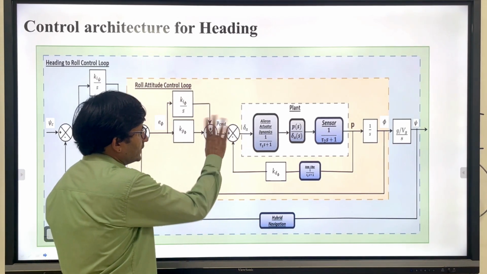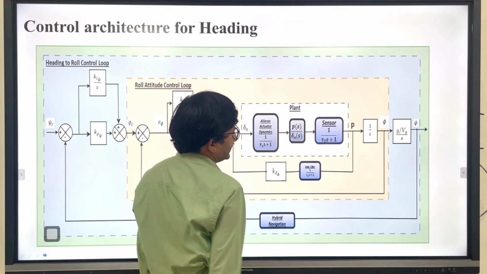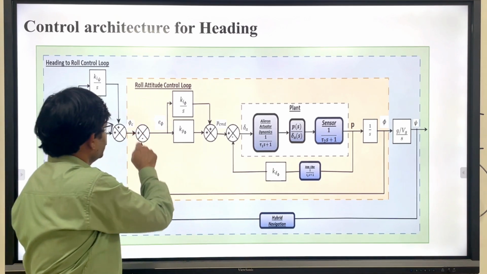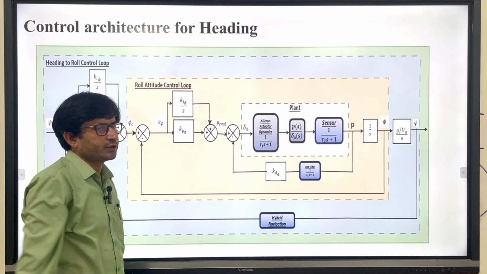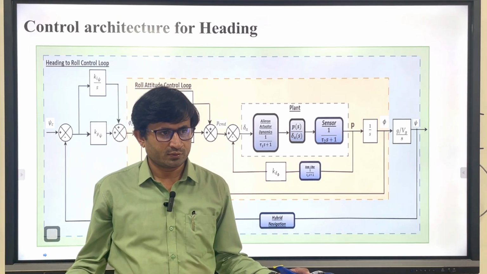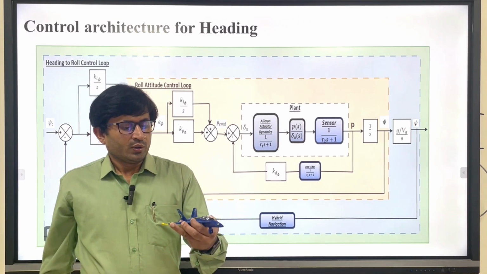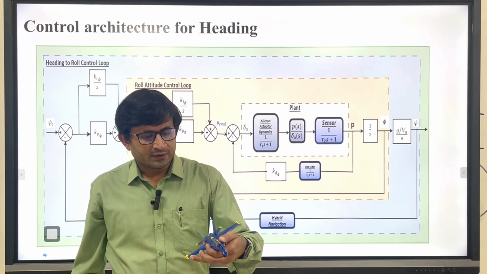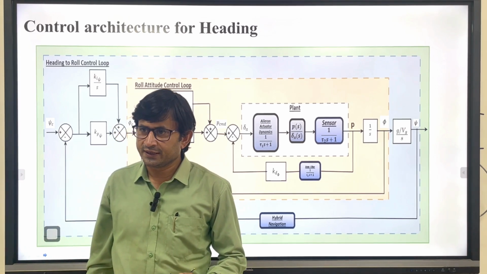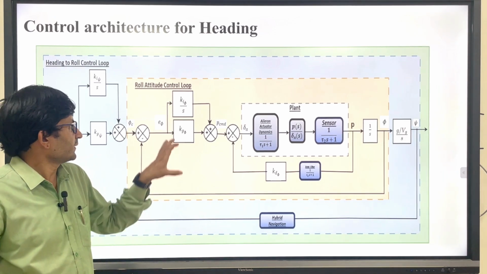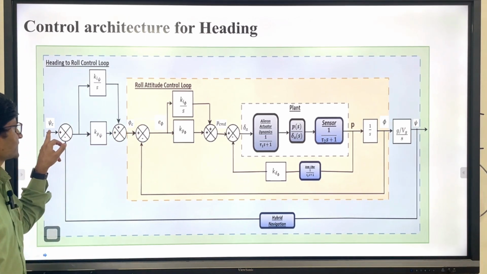Once you deflect the aileron, roll rate will be generated; integrate it and you get phi. You close the loop and tune using a PI controller in order to get the desired roll angle. Up to that we have discussed, right? When you roll, there will be a change in the heading due to centripetal force. So from the physics point of view, you can make one more outer loop, which you can consider as a heading loop.